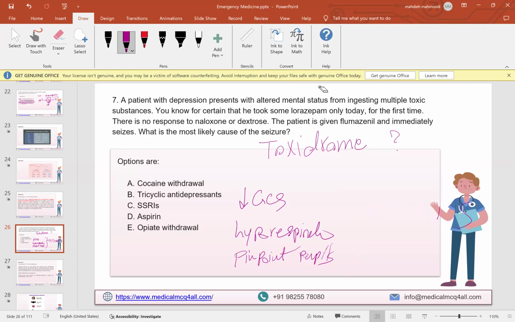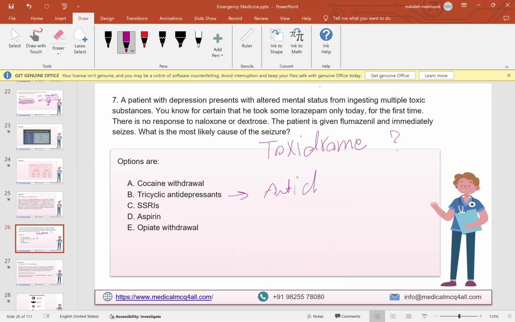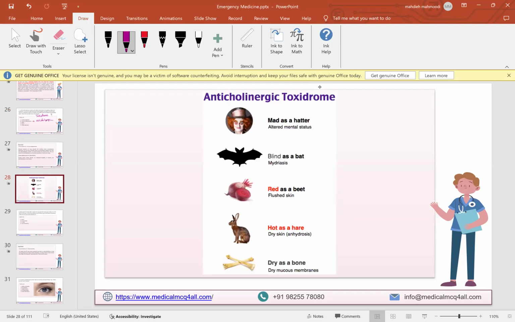So TCAs and any other drug with anticholinergic characteristics have a specific toxidrome. TCAs are anticholinergic. This is their toxidrome. Mad as a hatter, the Hatter being a character in Alice in Wonderland, which means they have altered mental status.